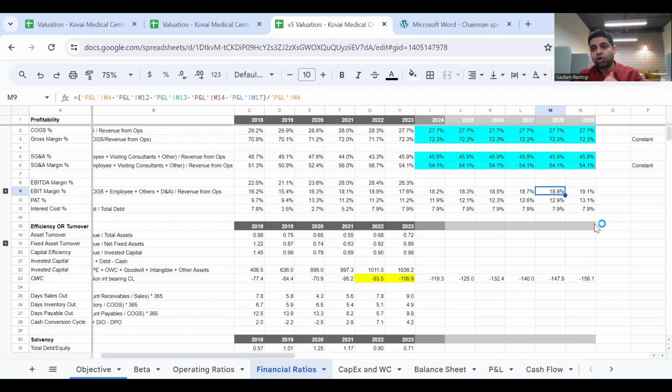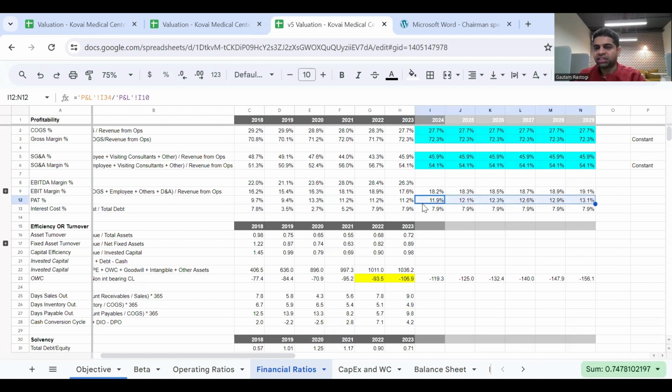We can always tweak this. We'll cross-check with 2024 numbers, and if the margin is on the decline, then we'll tweak our assumptions. If you look, PAT is also increasing.